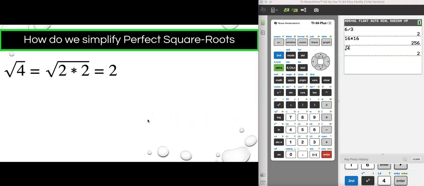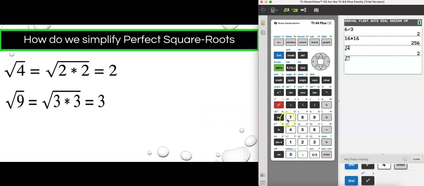Alright, so let's look at some more. If I take the square root of 9, I know that multiplying 3 and 3 gives me 9, so the square root of 9 is just 3. You can double check that in your calculator: second, x squared, put 9 in there, and I get 3.